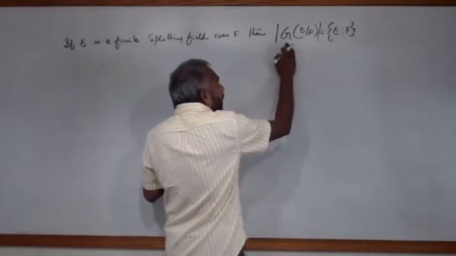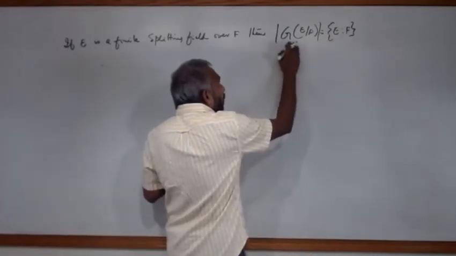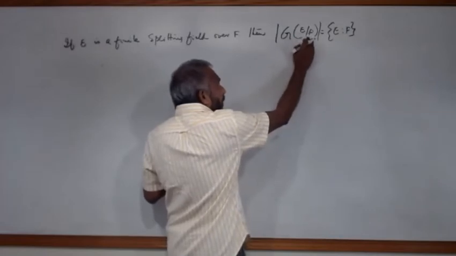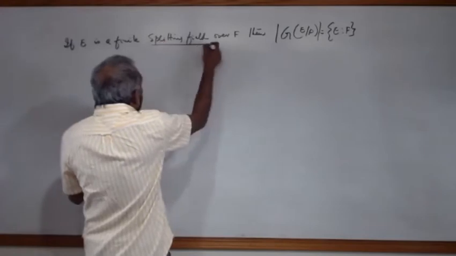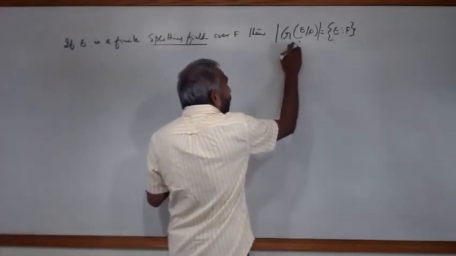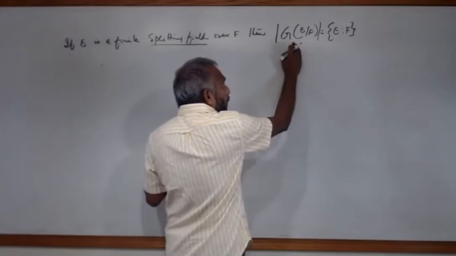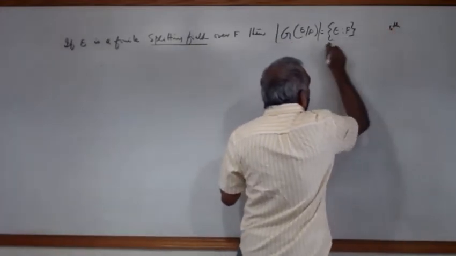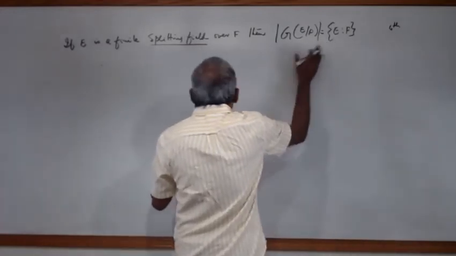This is the group of automorphisms on E leaving F fixed. If it's a splitting field, then the isomorphism becomes the automorphism. That is our fourth result. And that is why these are equal.